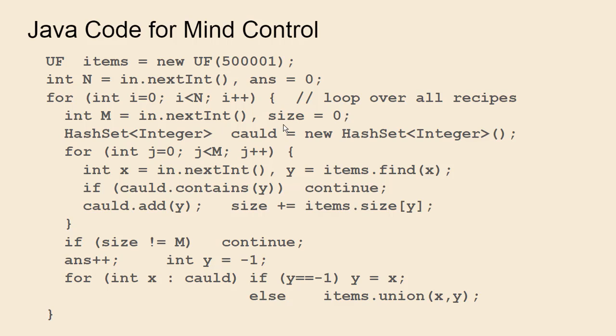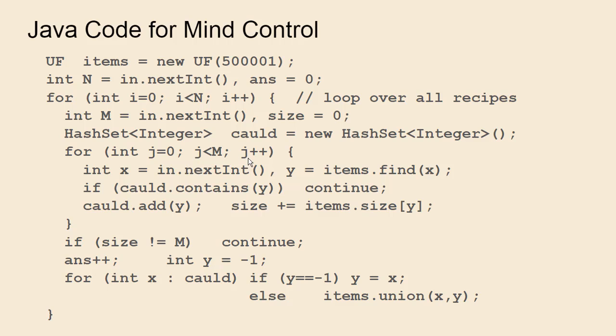At the same time, we will use size to keep track of the total number of items if we merge all the quadrants those items currently are in. In order to avoid counting the same quadrant twice, we will use a hash set to keep track of what are the unique groups.